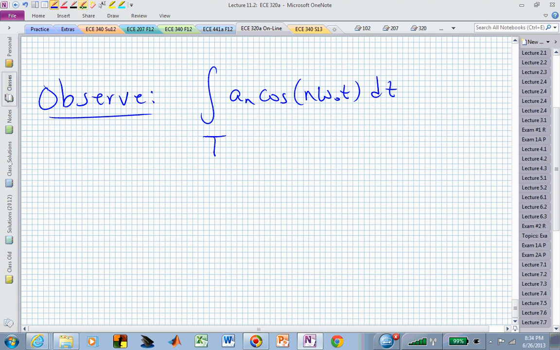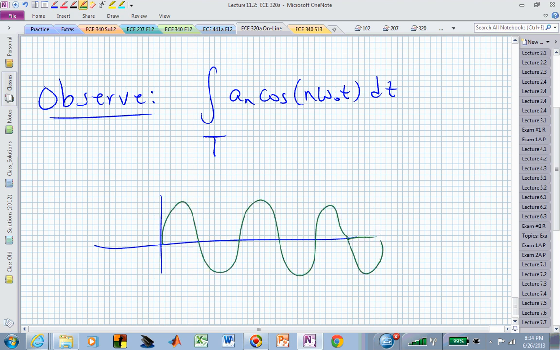Meaning if we looked at that, we now would have something like this. And suppose that this was now our 1 period. Did I get an integer multiple of periods? Now we have 3 periods, so that little n would be 3 in this case.